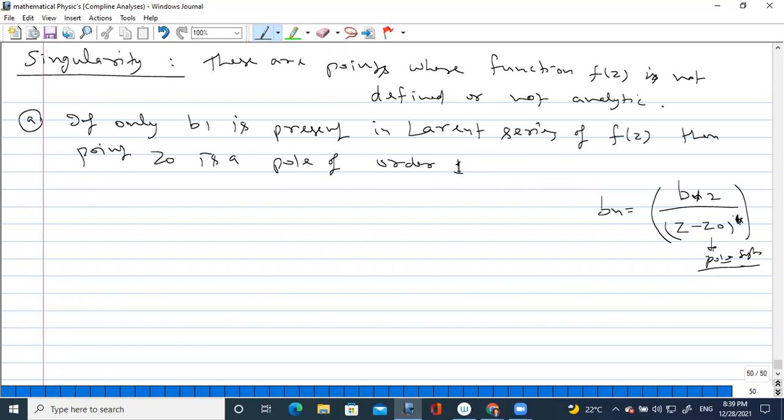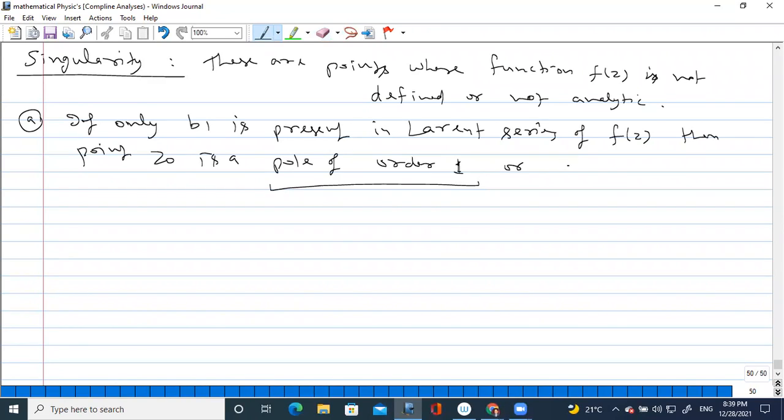If it is B2, it will be a pole of order 2. If it is n, it will be a pole of order n. So it increases depending upon the value of n. A pole of order 1 is also named a simple pole.